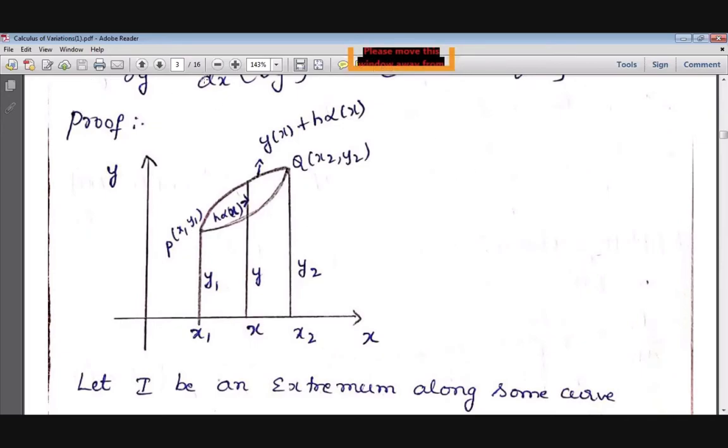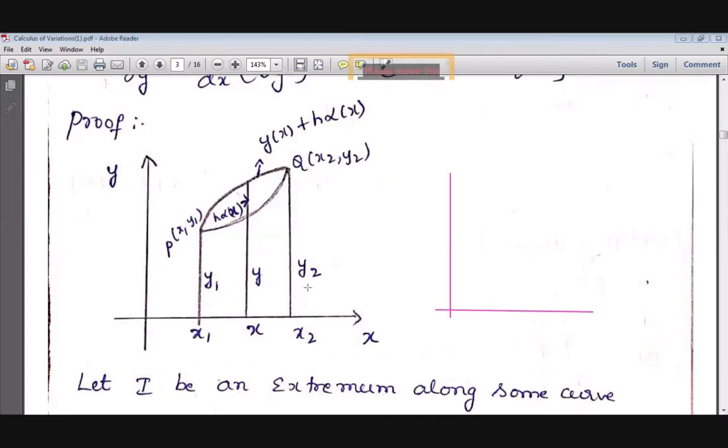I will write one by one, then you will understand better. I will take the y-axis and x-axis. Then I will take 2 points. Here 1 point. Here 1 point.